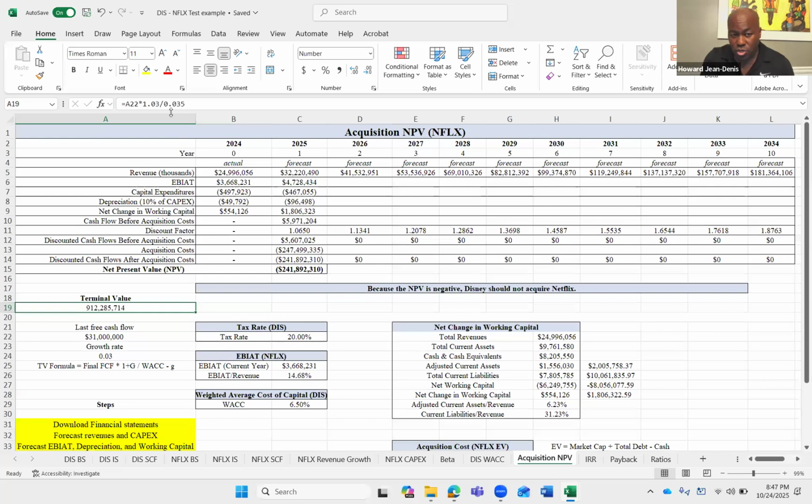So that gives you 0.035. That gives you this pretty big number, which covers this net NPV. The intrinsic value is covered after the forecast period if Disney were to sell off that asset. And so that should cover everything.